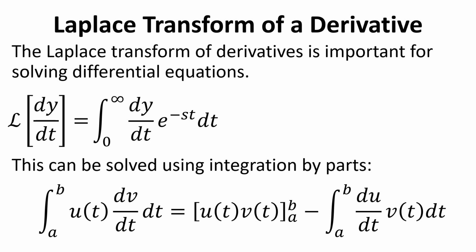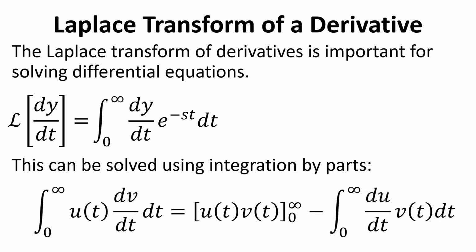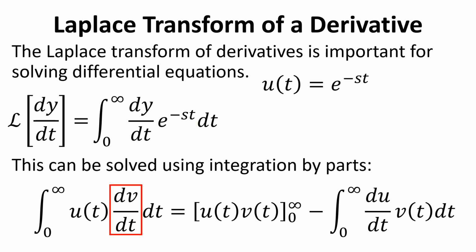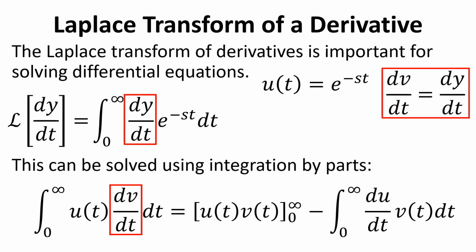So here is the equation, the integral for solving by parts, and what we can see is that we need to change it from generic limits a to b to 0 to infinity. And then for our u of t, we're going to select e to the minus st. So our u of t equals e to the minus st. And then for our dv by dt, we'll plug in dy by dt.